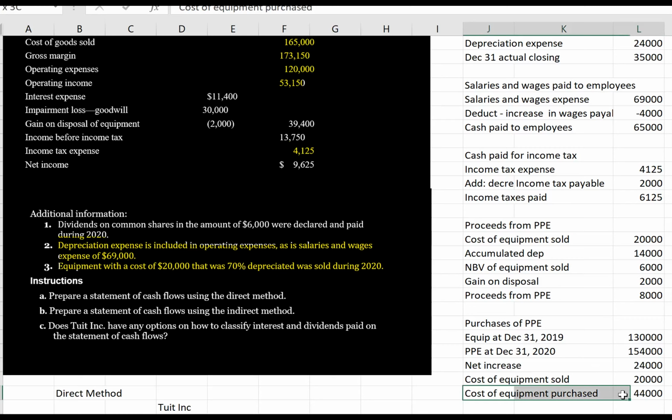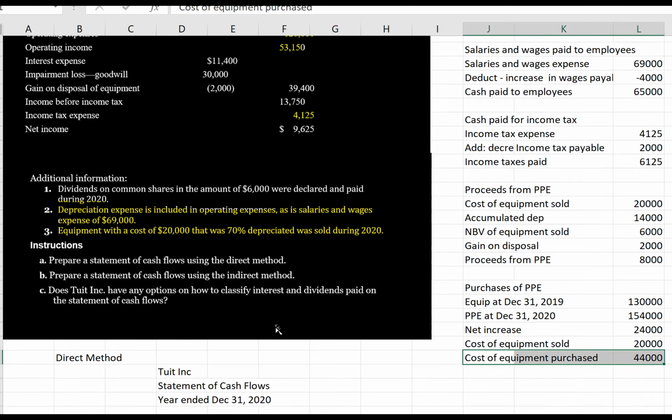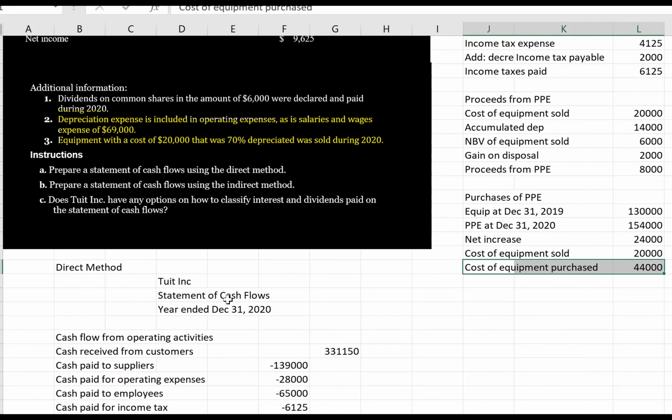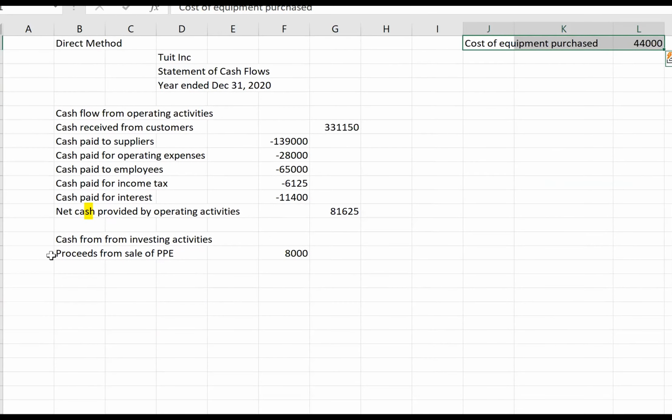So that means that the cost of equipment purchased must have been 44,000. So let's bring that down into our statement of cash flows here. So then we're going to have purchases of PP&E, and we're going to have 44,000.